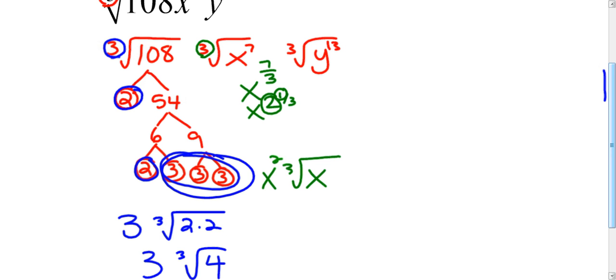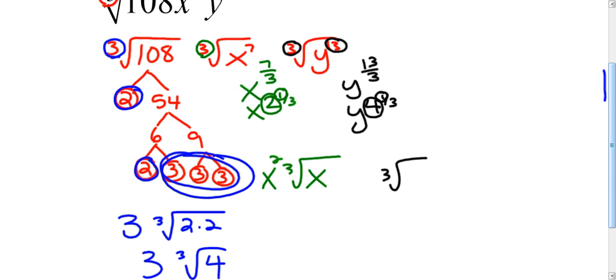Okay, and then with the y's, we'll follow that same procedure. This will be y to the 13/3, which of course is y to the 4 and 1/3. So here's your outside exponent, here's your inside exponent. So again, I'm dealing with a cube root this time instead of a square root.